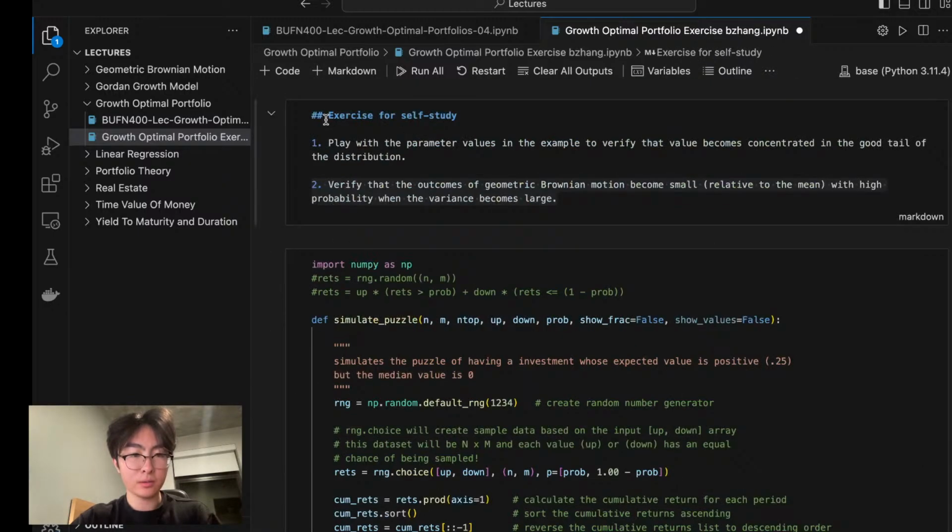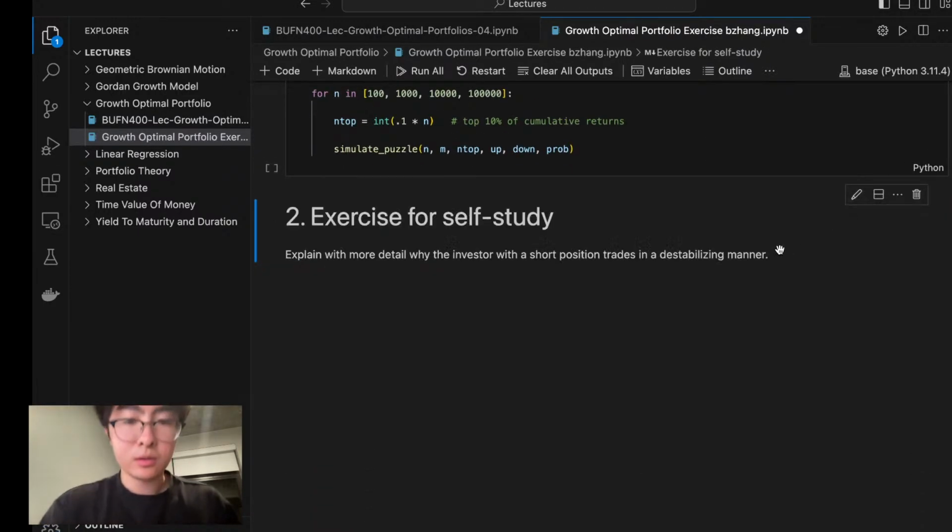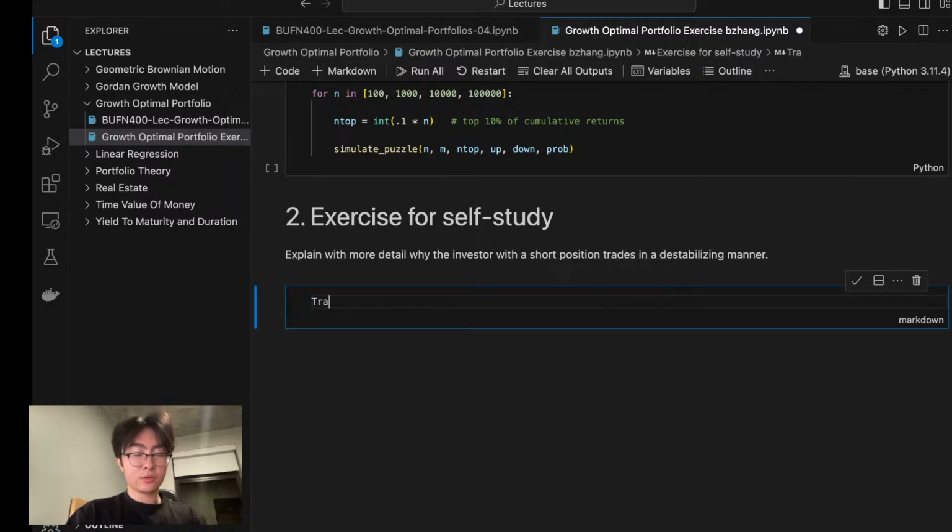Okay, 1. Trading in short positions as, okay, let's first define what destabilizing manner means.